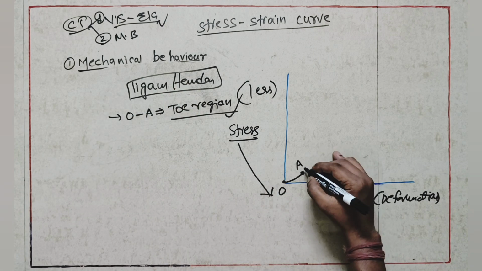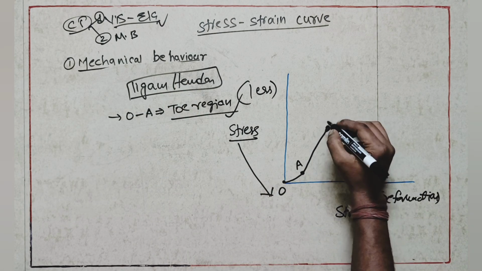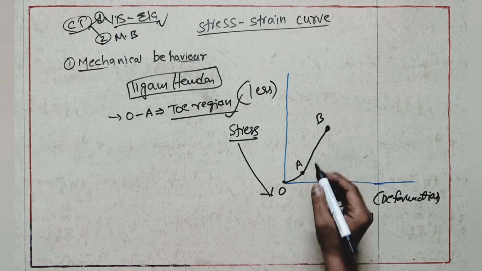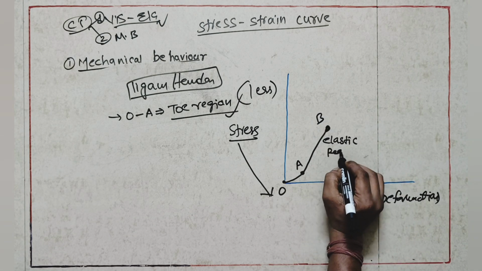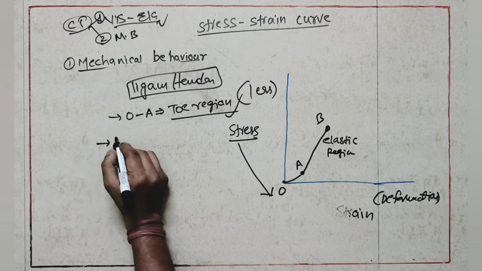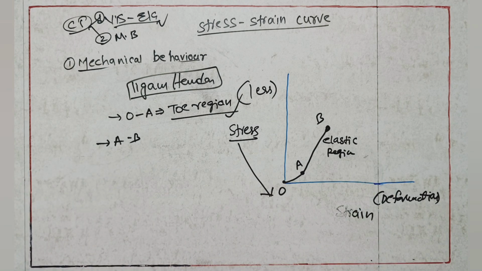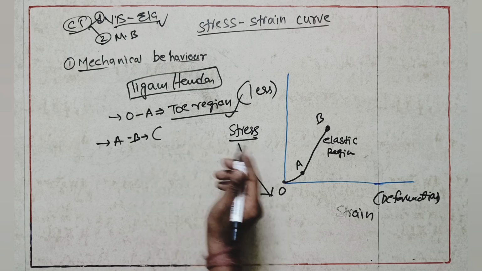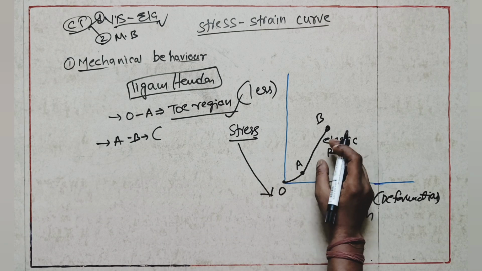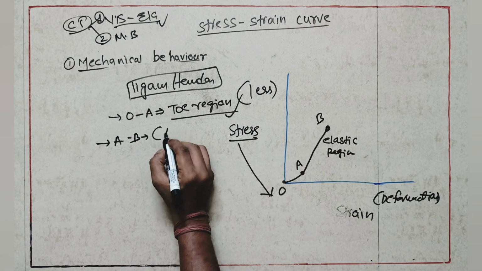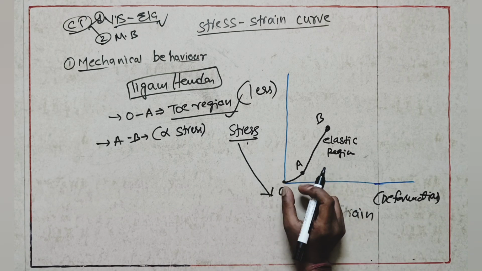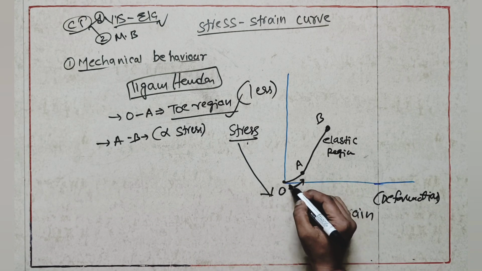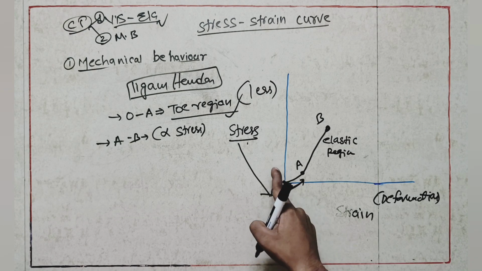Now from point A to B, this region we can say is the elastic region. Here, if we want to elongate this structure, we need more stress, whereas in the initial 0 to A, with less stress we can elongate the structure.